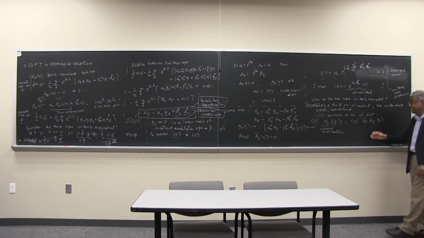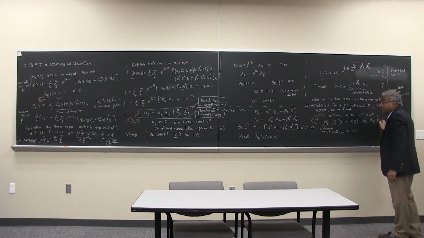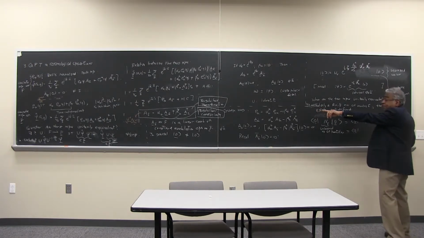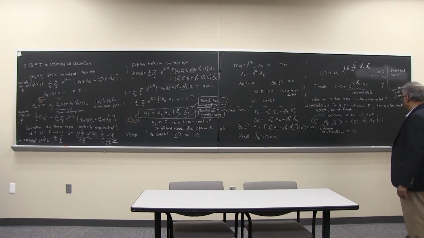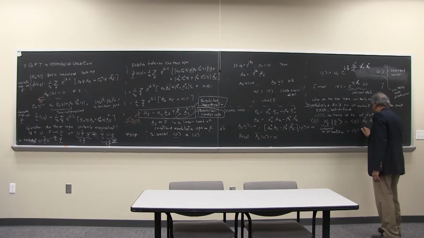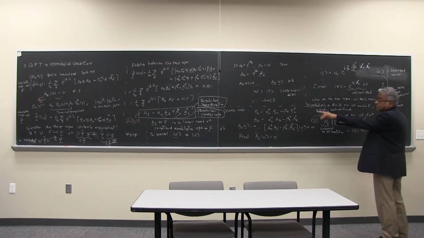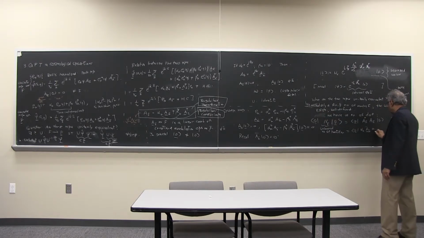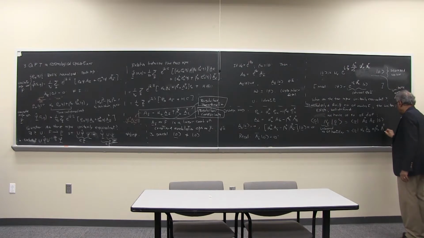I'm just not doing anything. I'm just writing out the definition of the number operator, and therefore this is just equal to. Now I can expand out. I can write out a_k. We can write this as alpha_k times a bar plus beta_k star times a dagger bar_k.